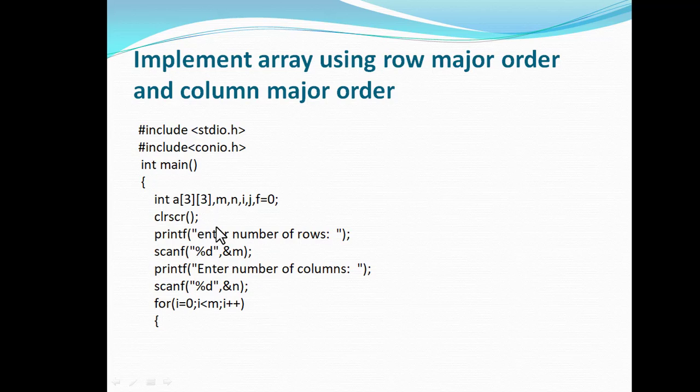Then we will see the implementation of row measure order and column measure order. Here is one C program to implement the row measure and column measure order. First we enter the number of rows, then the number of columns, then we read the elements of the multidimensional array.